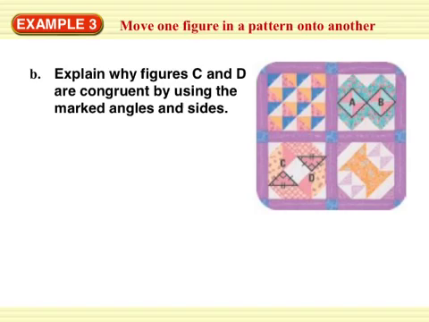Alright, let's explain why figures C and D are congruent by using the marked angles and sides. Let's look at it. If you look, all the corresponding sides and angles are congruent. So that's why they're congruent. All the corresponding sides and all the pairs of corresponding angles are congruent.